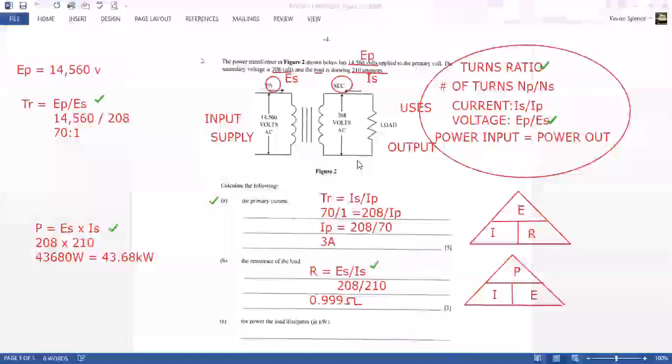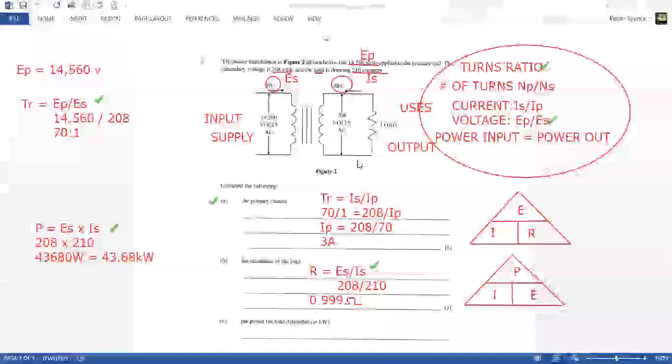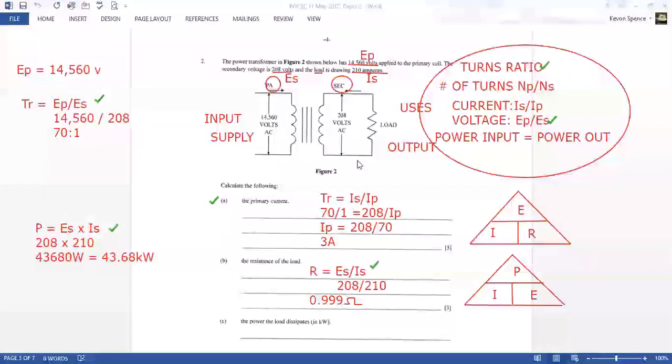That number of turns is now transferred magnetically to the secondary coil, which will accept as much magnetism as is equivalent to the amount of windings on the secondary winding.